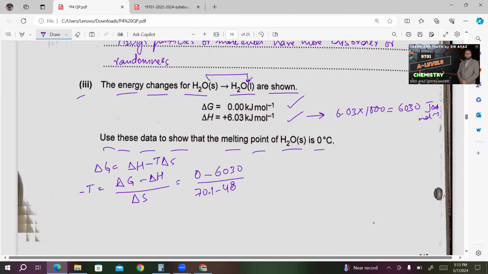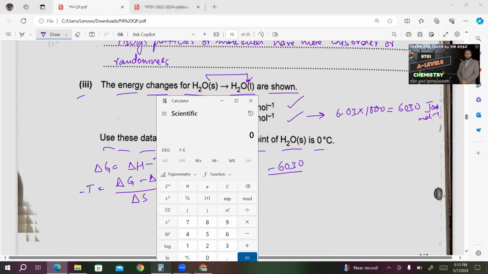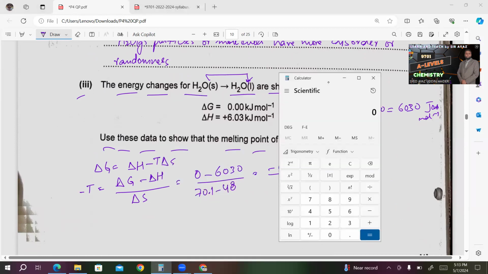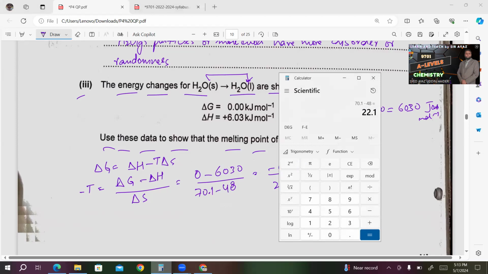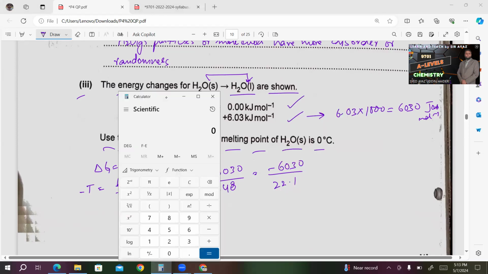We get minus 6030 divided by 70.1 minus 48, which is 22.1. Six zero three zero divided by 22.1.